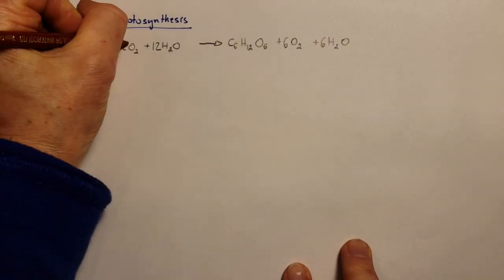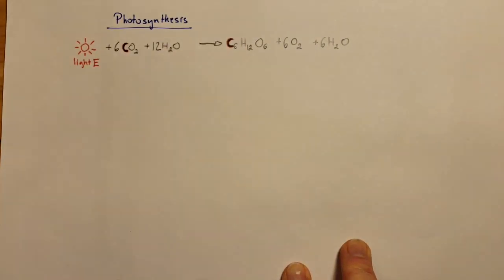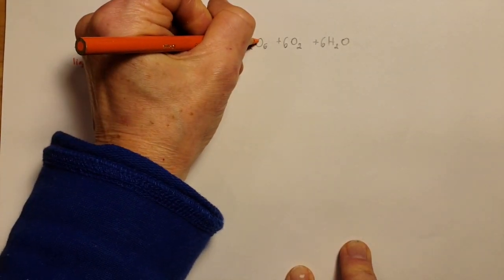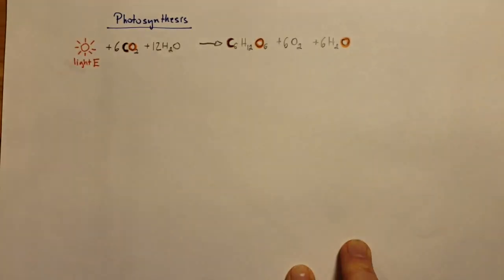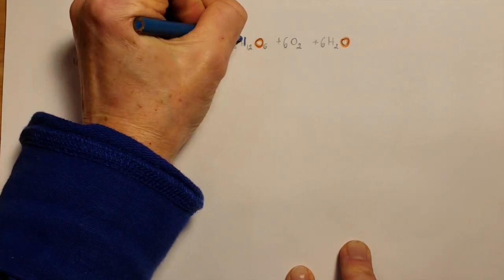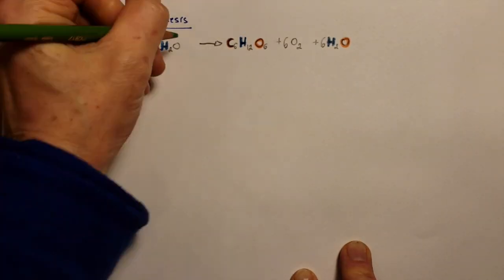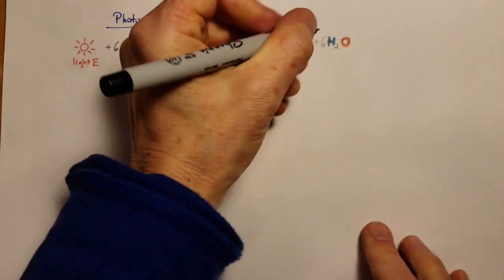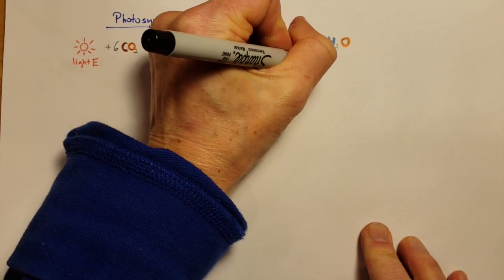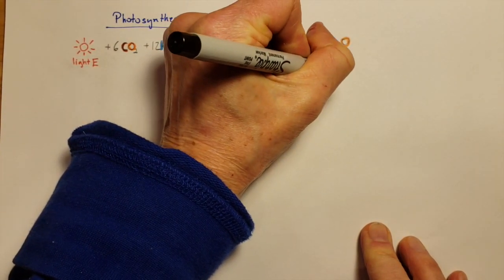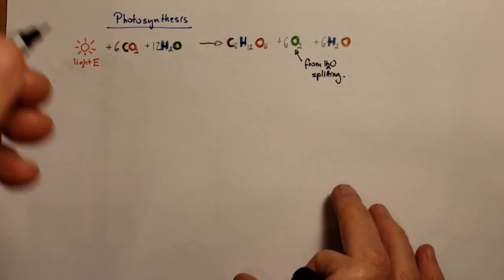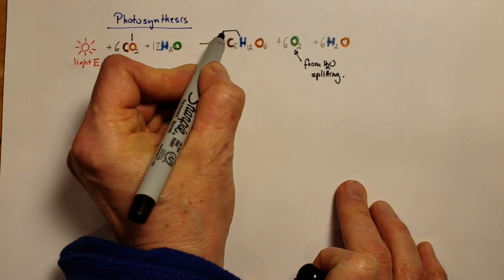Balancing the equation, the carbon in the carbon dioxide will show up in the sugar, the oxygen in the sugar, and in the water, the hydrogen showing up over there, and the oxygen of the water will be the byproduct of photosynthesis.